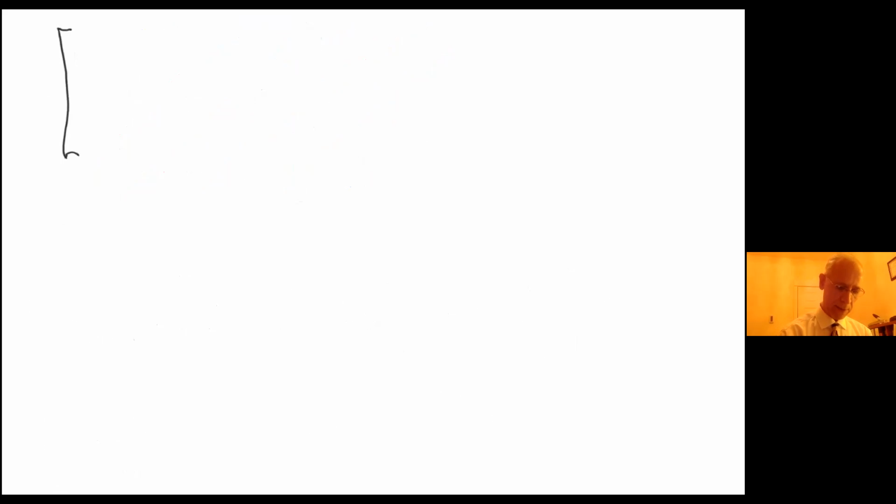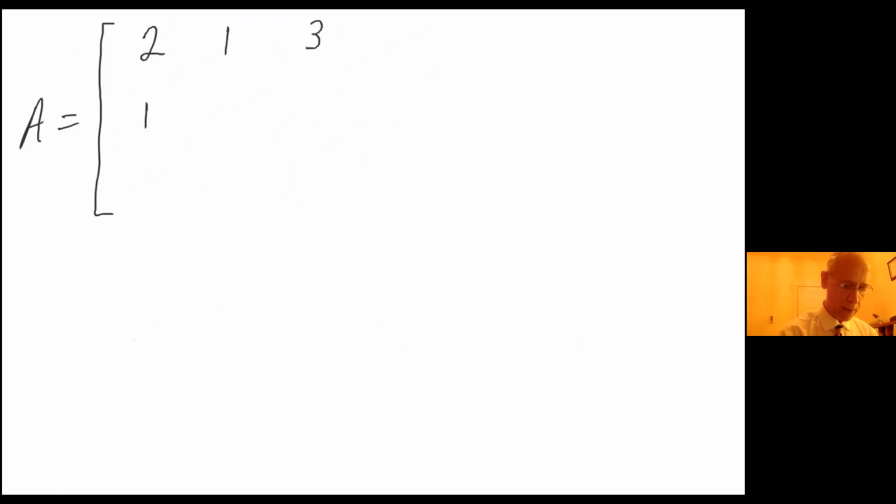a matrix, let's call it again A. And let's say this has a 2, a 1, a 3, a 1, a 0, a 1, 4, -4, 2.